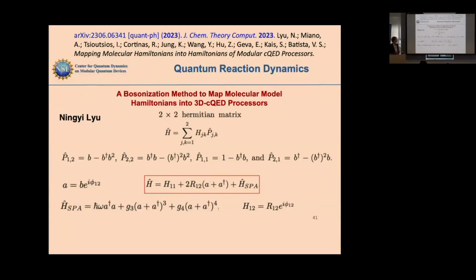Therefore, what we've done is essentially to come up with a way of breaking any Hamiltonian into a set of Hamiltonians that correspond to the modular components associated with that quantum circuit.